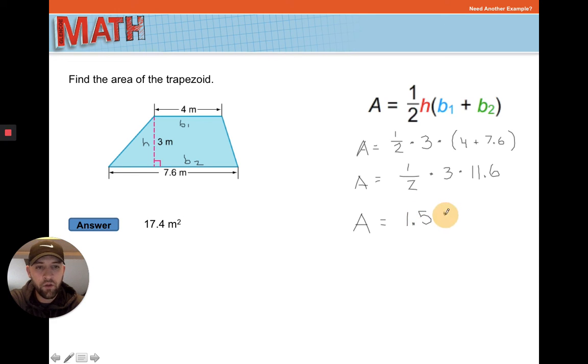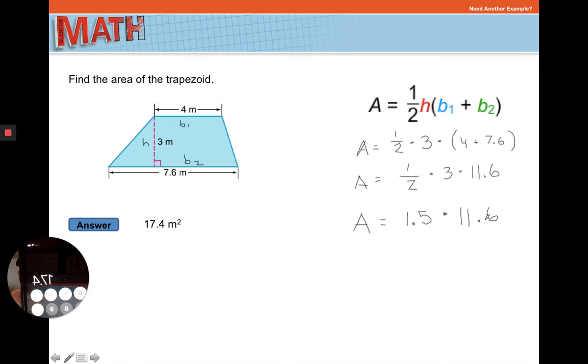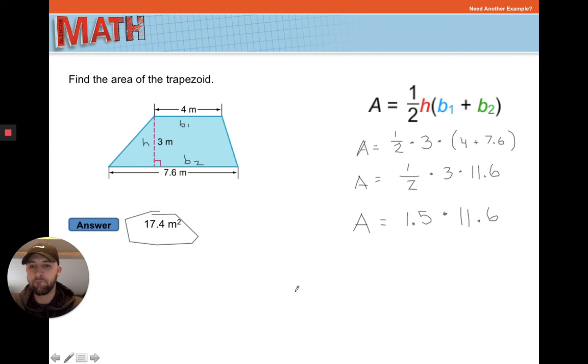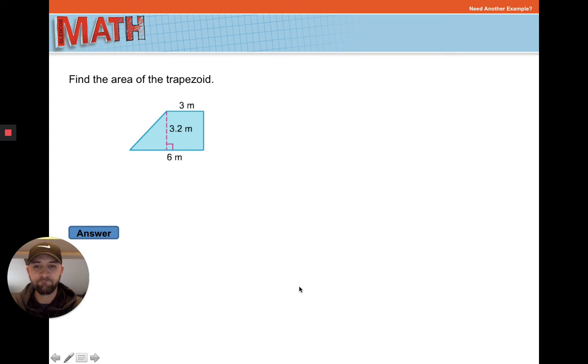And then we're going to multiply that by 11 and 6/10. If I pull out my trusty calculator, I'm just going to do it right on my phone. 1.5 times 11.6, we will end up getting 17 and 4/10, which is what we were supposed to get right here. Okay, cool.